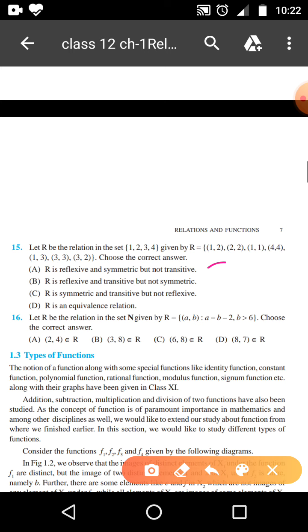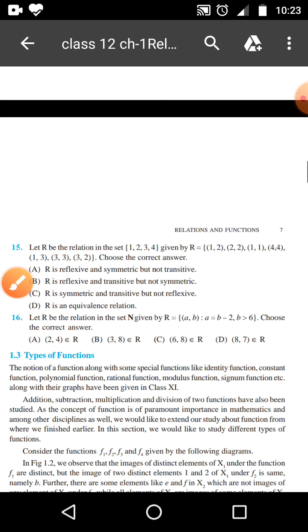Then (3,3) belongs to R, (3,2) belongs to R, then again (3,2) belongs to R. (1,3), (3,2) gives (1,2), already there. So this particular relation is transitive also. So the given relation is reflexive and transitive but not symmetric. So option B is correct.